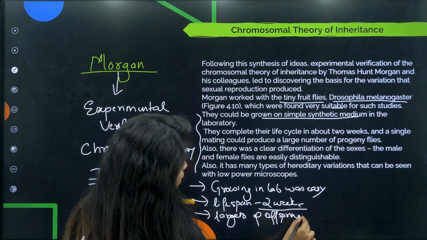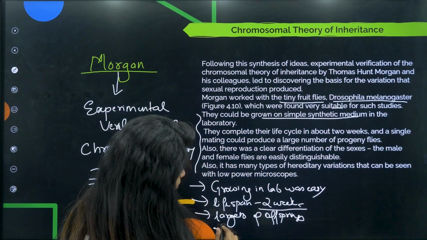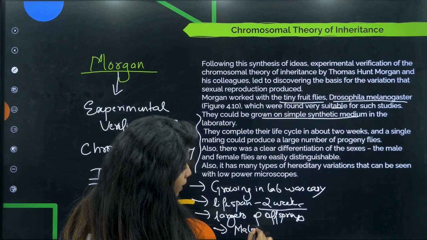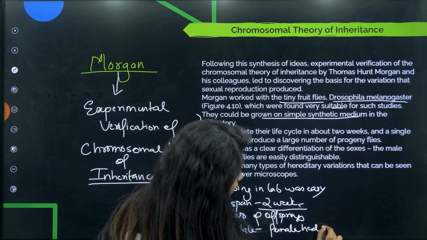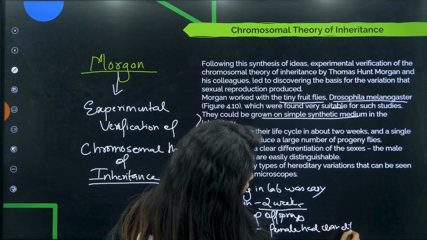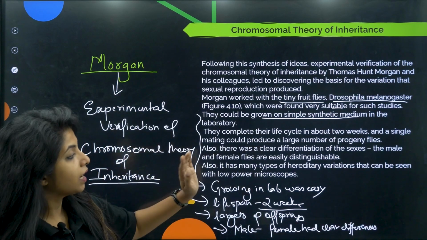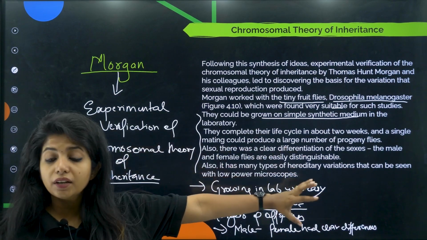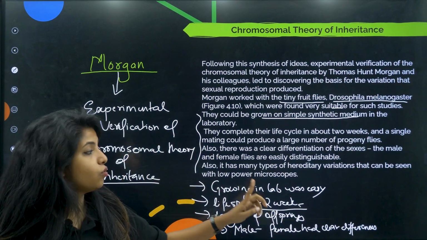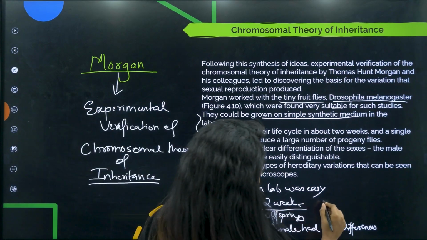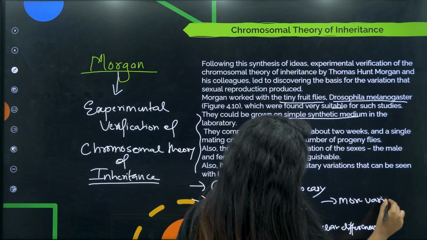Now what? There was a clear differentiation between the sexes. So male and female had clear differences. Next thing, it also has many types of hereditary variations. So there were so many variations that could be observed even under a low power microscope. So I am writing that they held more variations than you can imagine.